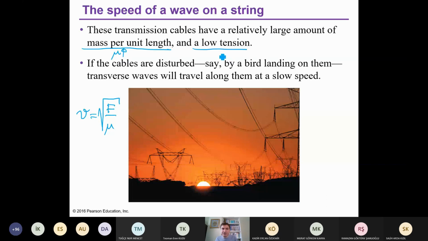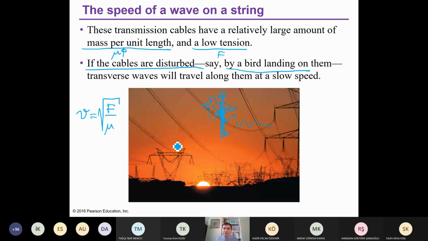So tension force is low. Then if the cables are disturbed by a bird landing on them, let's consider a bird landing on this string, okay? So this will produce a disturbance on these transmission electrical cables, okay? Then you can consider it will produce a wave.